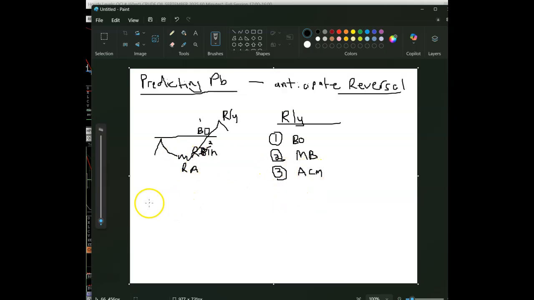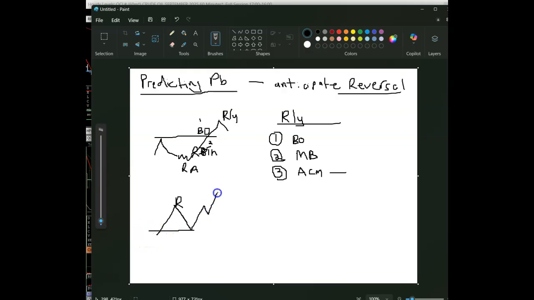All right. So what happens is, first of all, you have a rally. It pulls back, and mean reverts. Where does it go? It goes to this accumulation area.